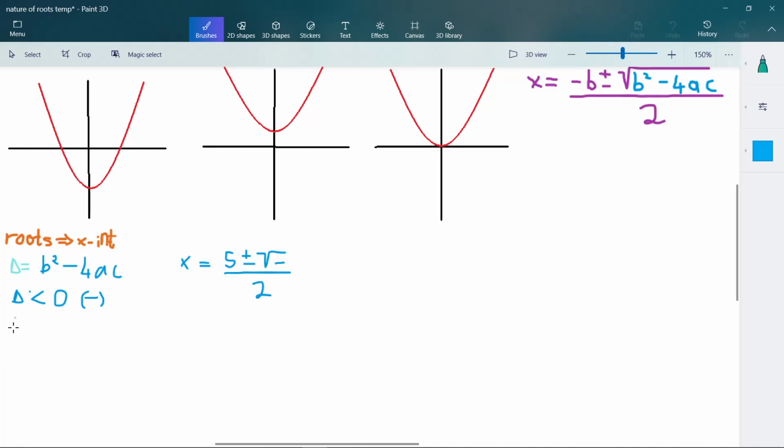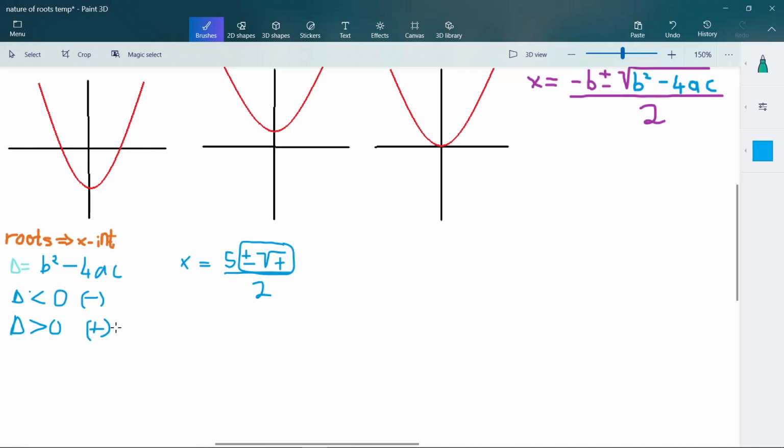And if you compute the discriminant and find that it is greater than 0, which means that the discriminant is a positive number, you're going to put a positive number right here, and the square root of a positive number is defined, it's a real number.